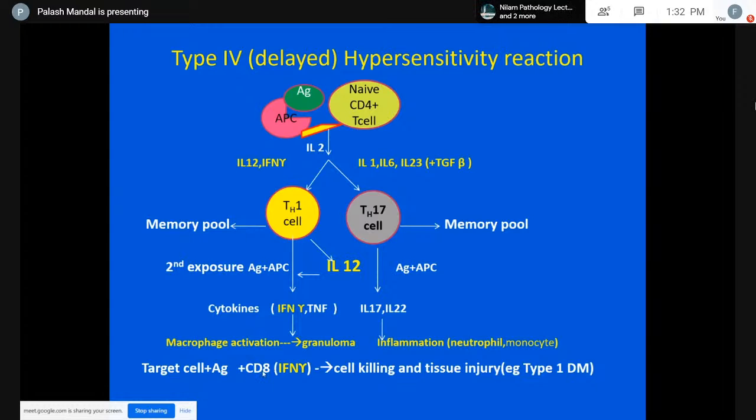CD8 cell is again a T cell, but CD8 cell is a cytotoxic T cell. It directly attacks and kills, through some cytokines of course, but the direct capability of killing is there in the CD8 cell, that is why it is called cytotoxic T lymphocyte.